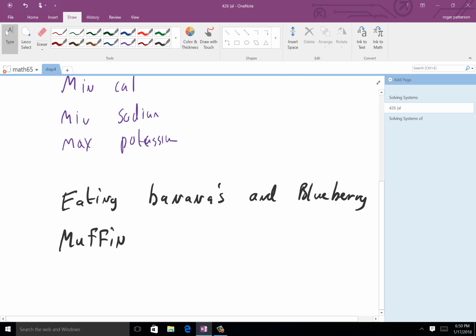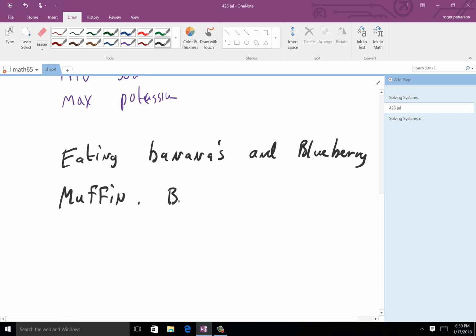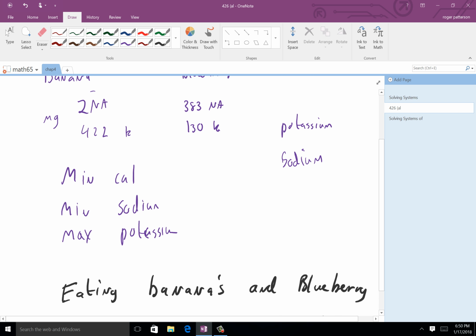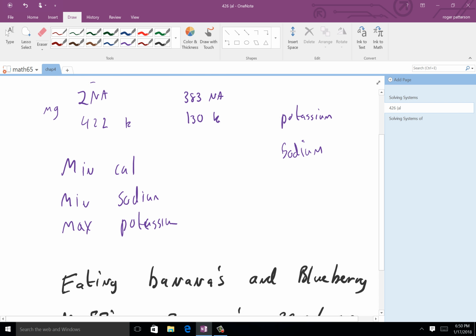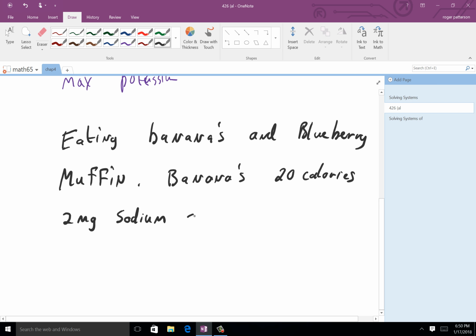So we have bananas. If you ever want me to slow down, just say something. Bananas have 20 calories, that's per banana, and 2 milligrams of sodium, and 422 milligrams of potassium. I looked this stuff up.